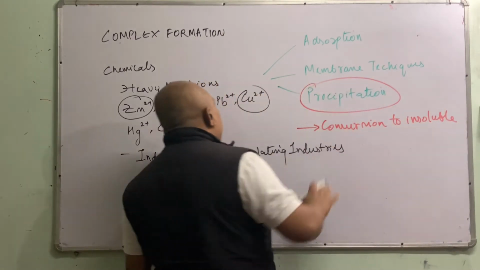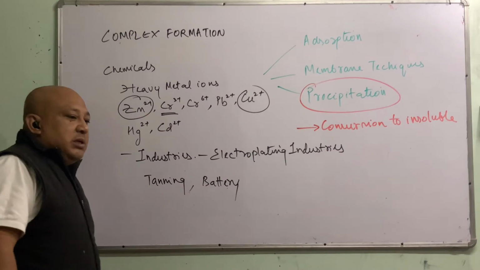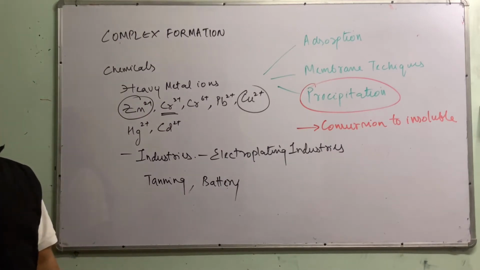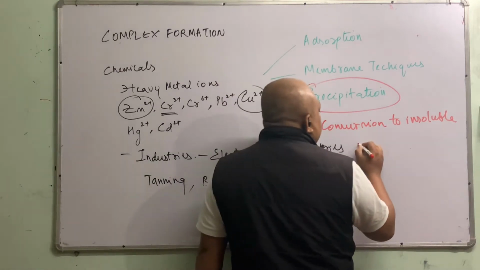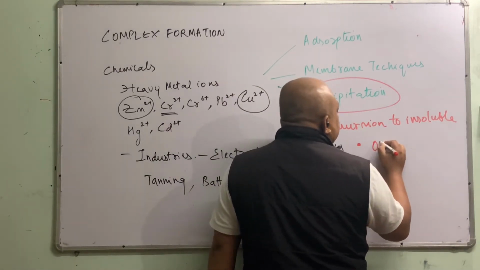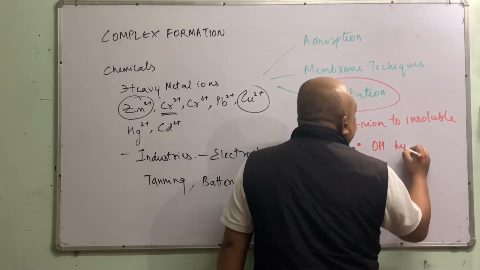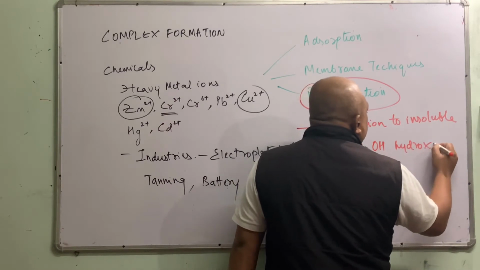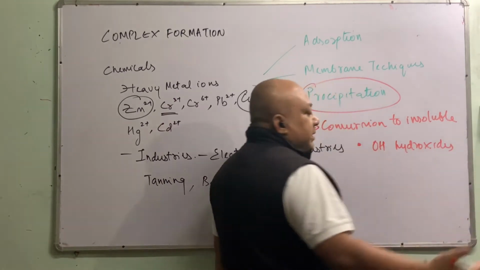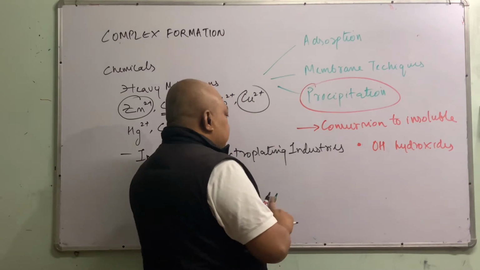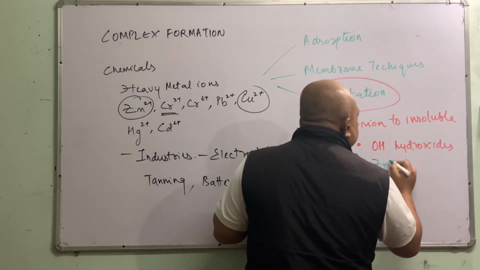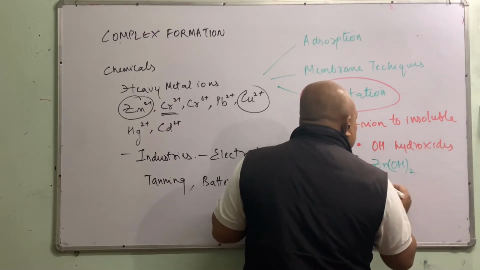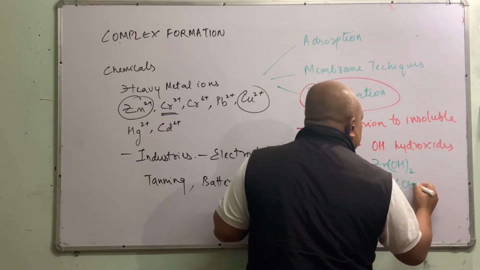All these heavy metals will be in a soluble form in the water. So how to convert it into insoluble? Some are converted by using hydroxides. The best example is, if zinc is there, you say zinc hydroxide, you convert copper to copper hydroxide.